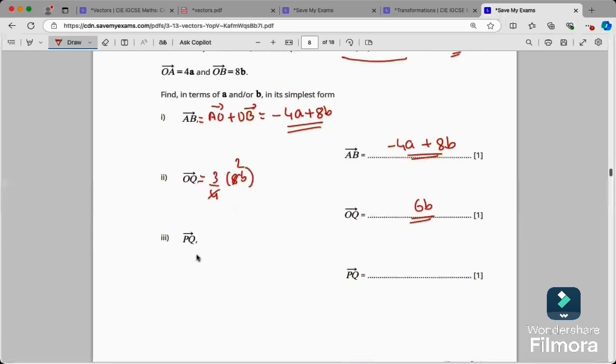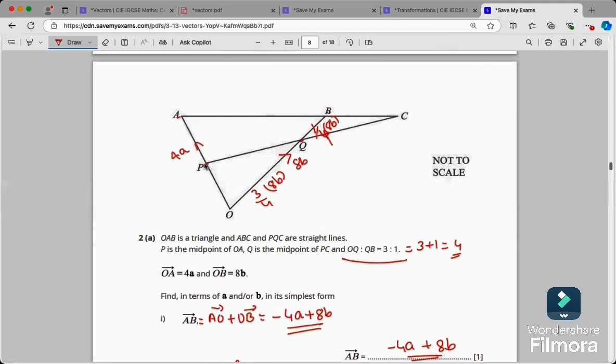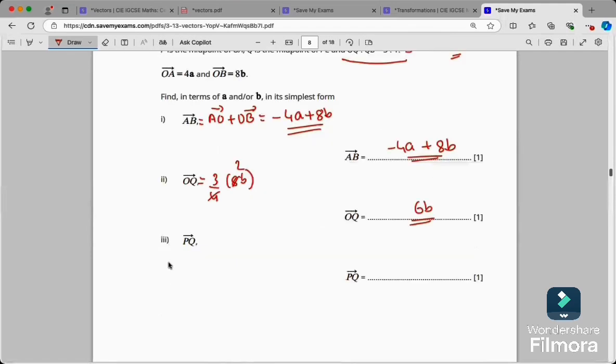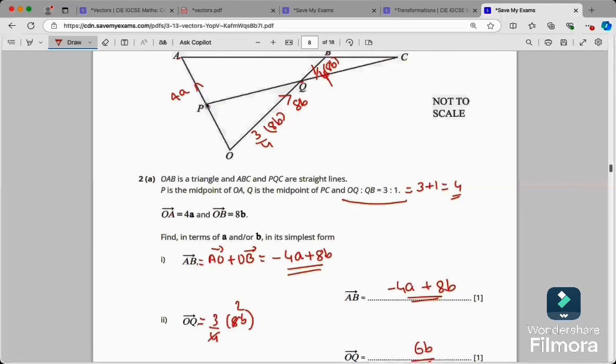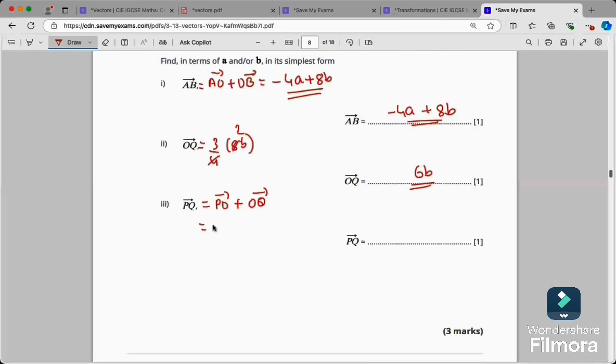Now you need PQ. We can go all the way from P to O and O to Q, right? So P to O plus O to Q. P is the midpoint, so the whole line OA is 4A, and we can take half of it, which is 2A, plus OQ we just found, which is 6B.